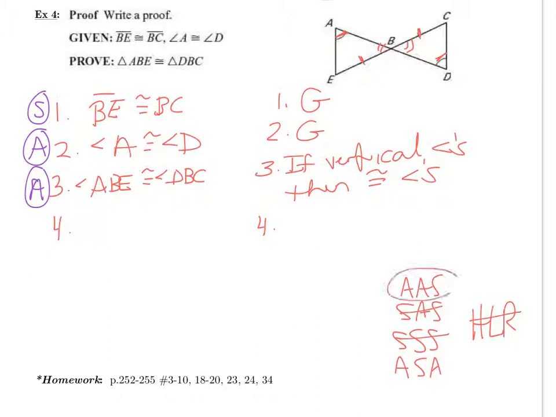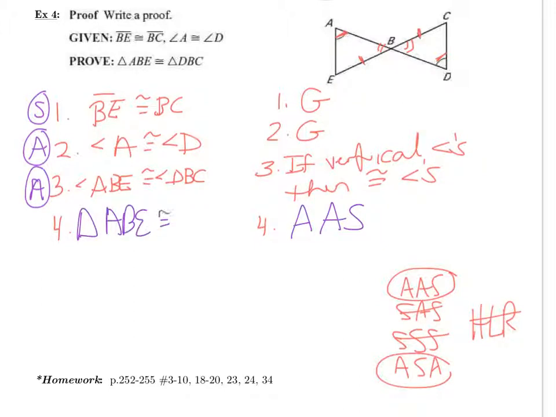So it's between these 2, and so we look at the order, and we have side, angle, angle, or I could read it this way, angle, angle, side, and that one is familiar to me. That is right here, angle, angle, side. So I'm going to prove this is congruent by angle, angle, side. So triangle ABE is congruent to triangle DBC by angle, angle, side.